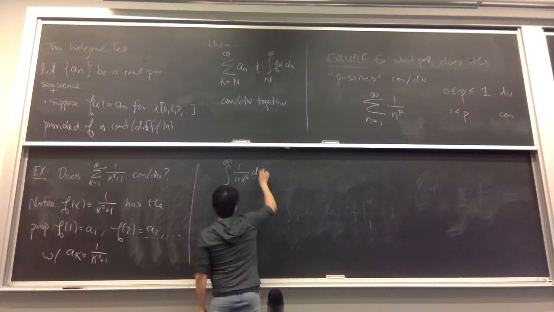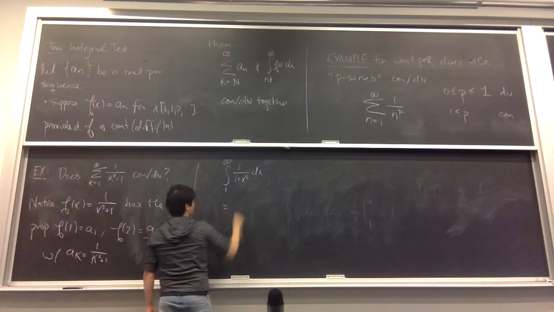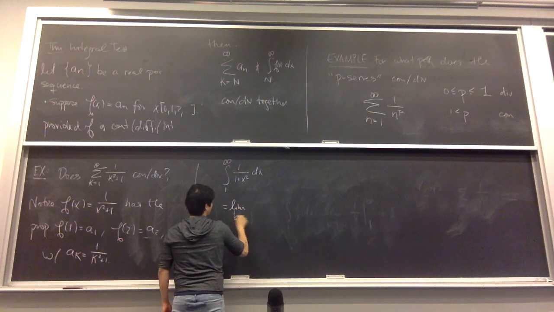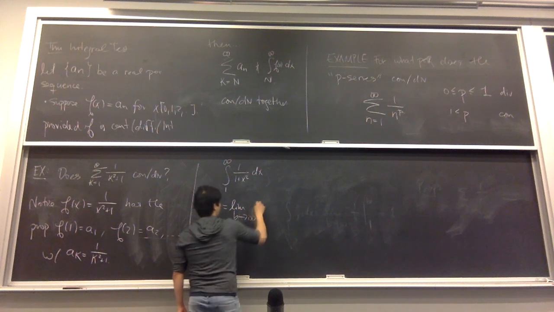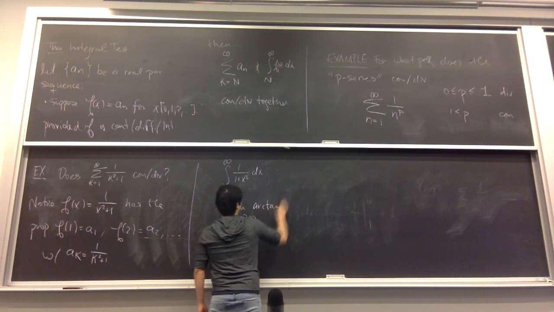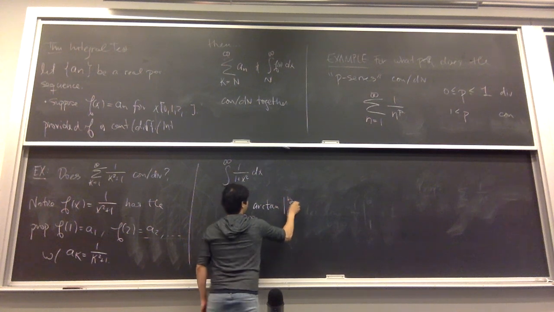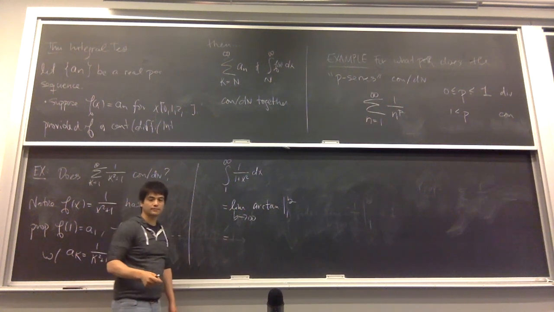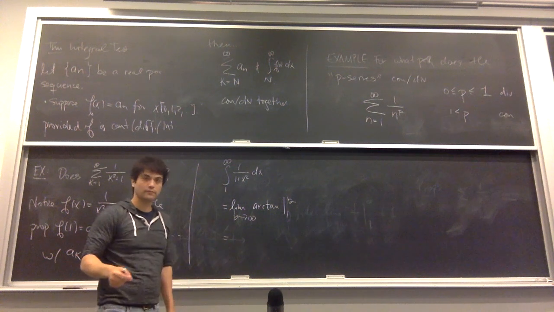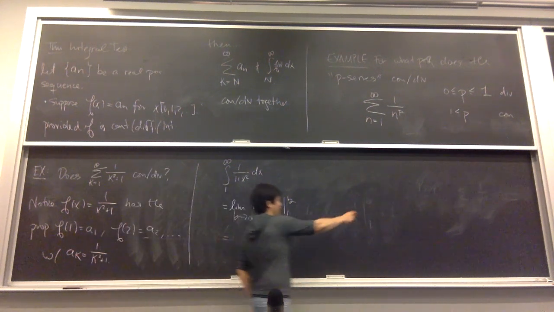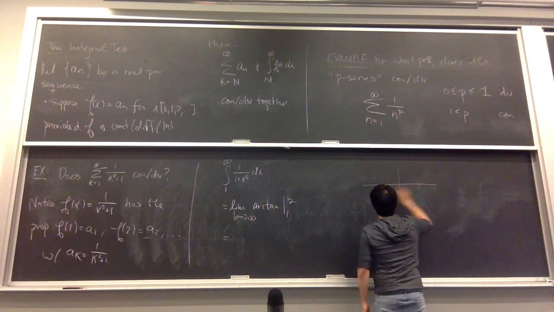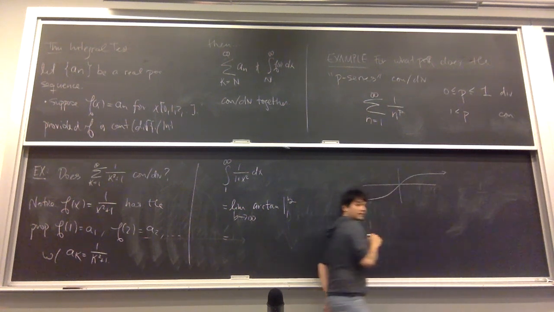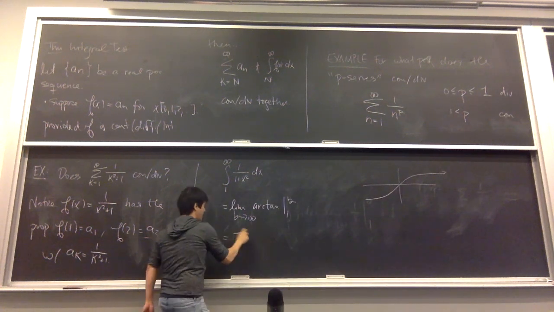So if I integrate this now, we know that the integral from 1 to infinity of 1 over 1 plus x squared dx is equal to the limit as b goes to infinity of arctan from 1 to b. So what's arctan at positive infinity? Pi half, yeah. Remember, it looks something like this. So you get pi over 2.